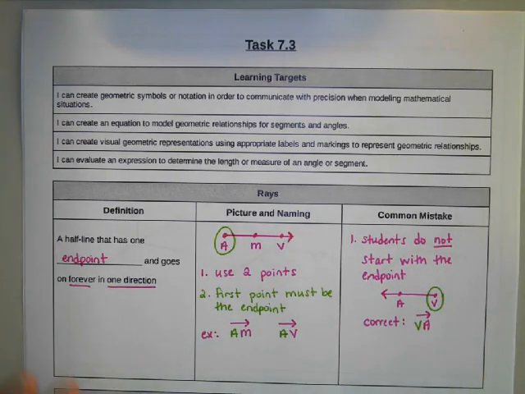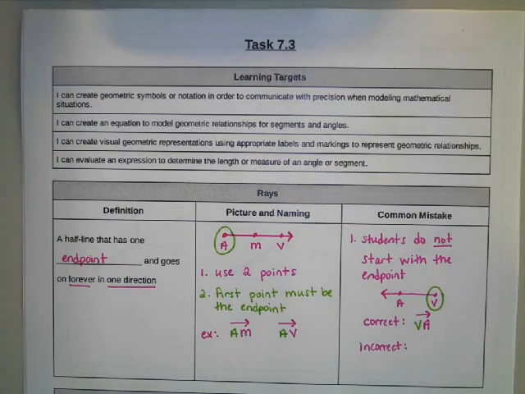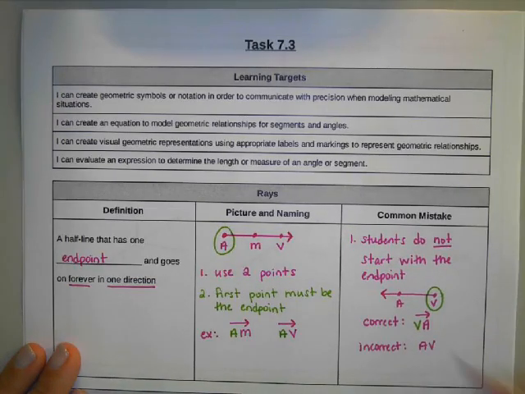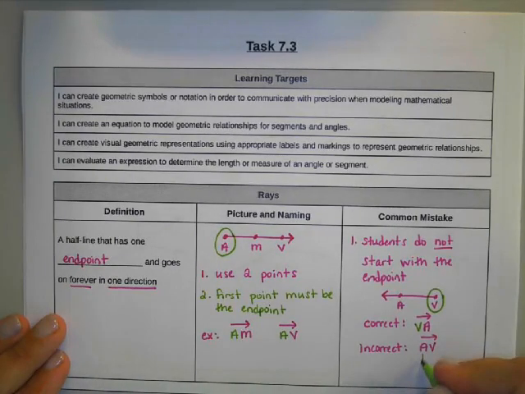What a lot of students want to do, and what is incorrect, would be to just use the points in order from left to right. So incorrect here would be to say AV. And the reason that that's incorrect is because they didn't start with the endpoint.